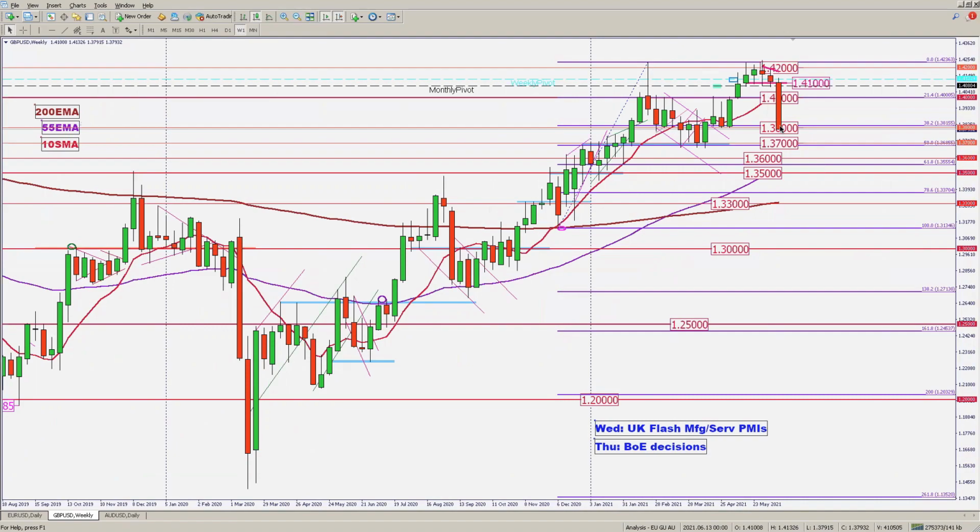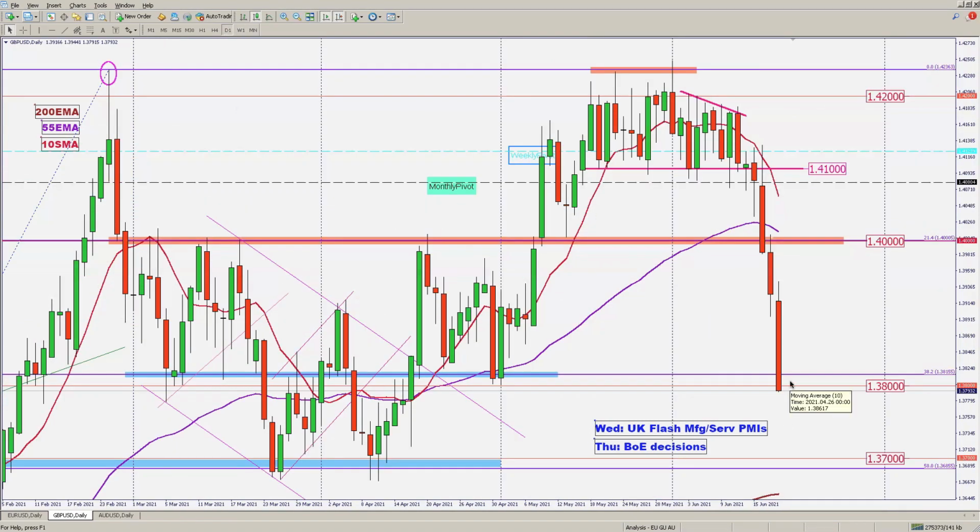Right, so it's fallen through 21 and then 38 fib retracement. So the next key zone of support will be at this 50 fib area, along with the 138 round figure.